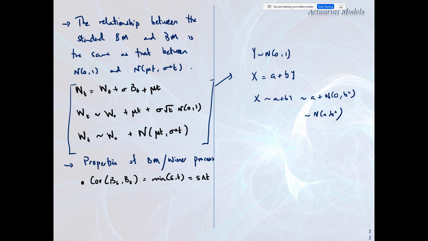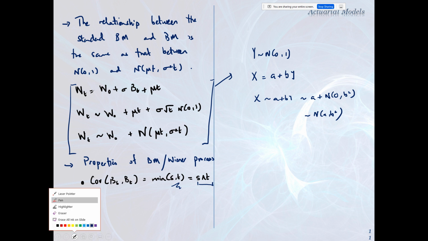I think you already know this. Good. So this is a property of the Brownian motion, Wiener process: the covariance of B_s and B_t is equal to the minimum between s and t. So this is only a notation.